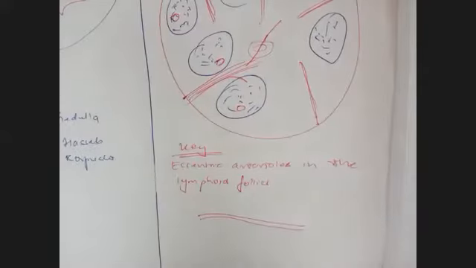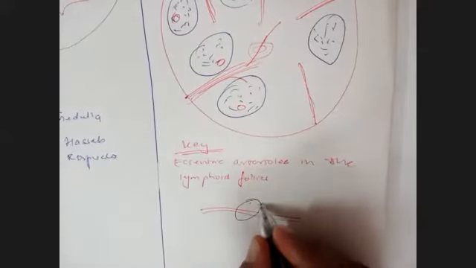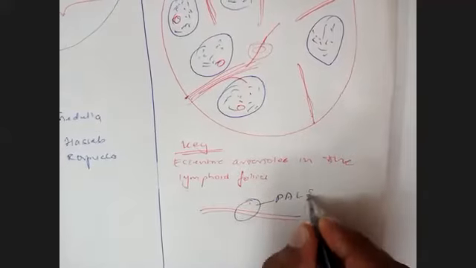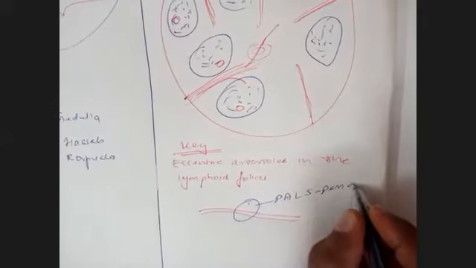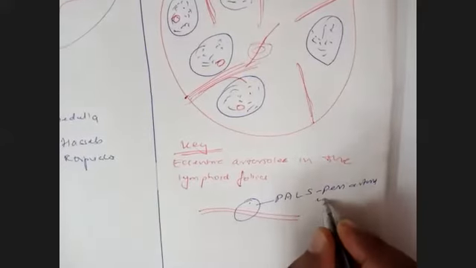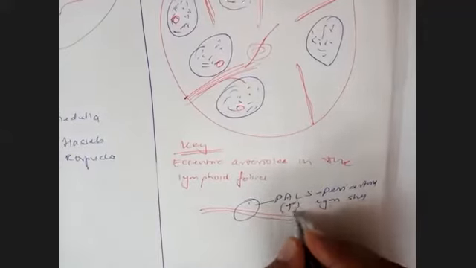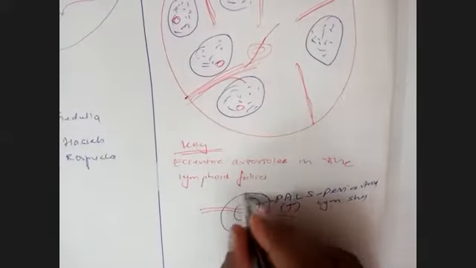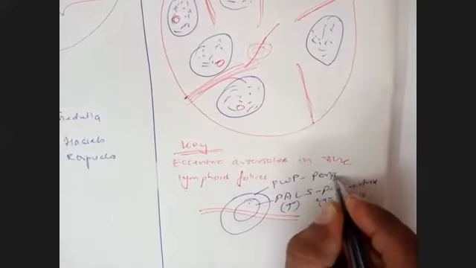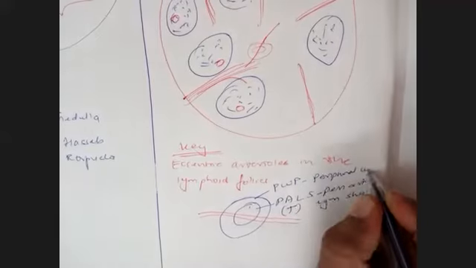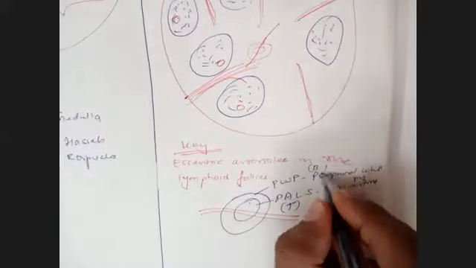The moment it comes out, it gets surrounded by T lymphocytes first, and that is called PALS, periarterial lymphatic sheath, which contains T lymphocytes. And then there is another layer called PWP, peripheral white pulp, which contains B lymphocytes.